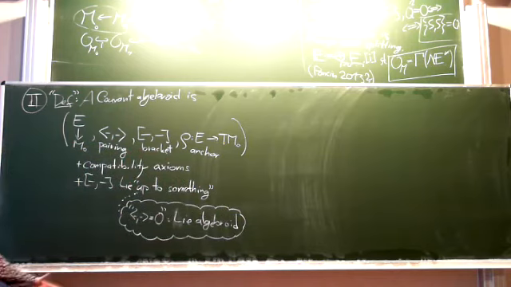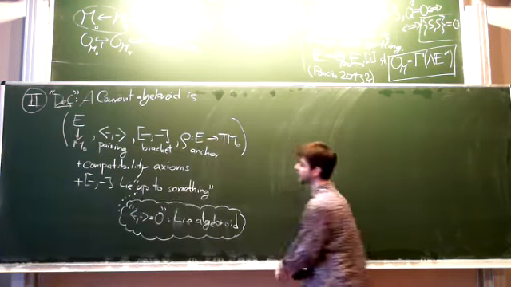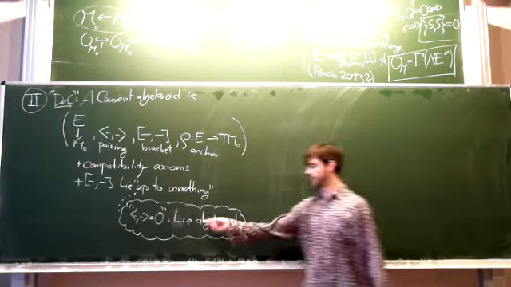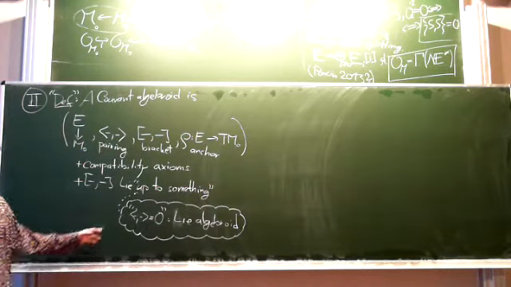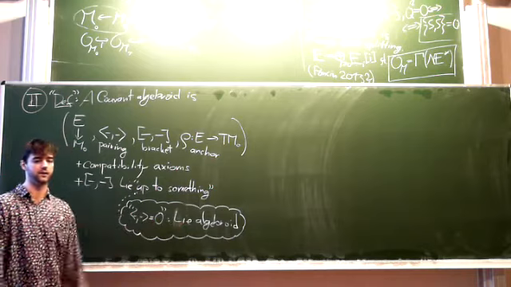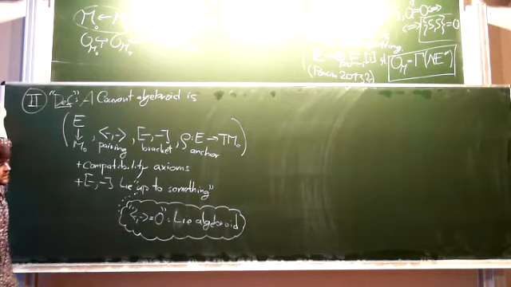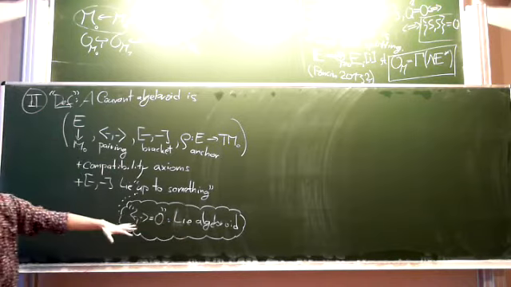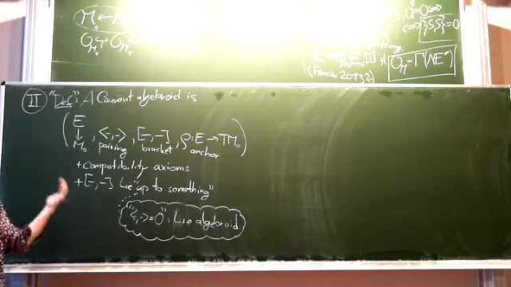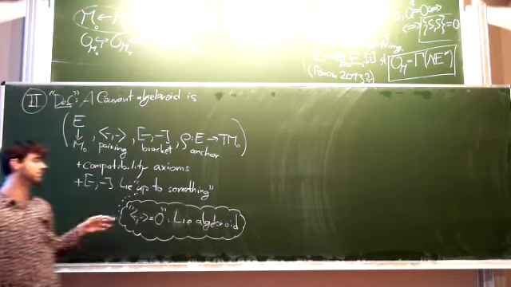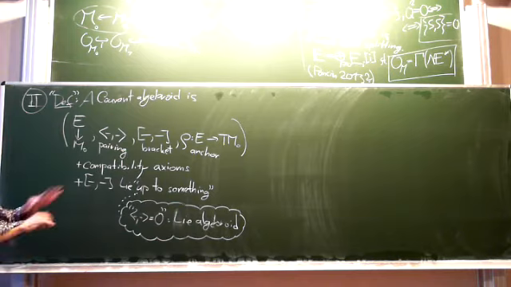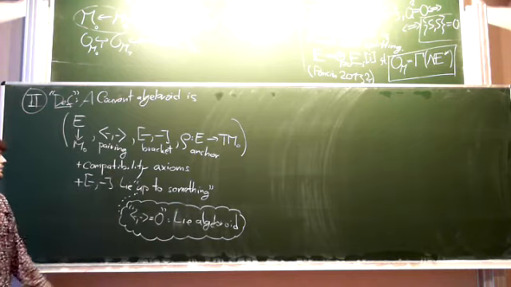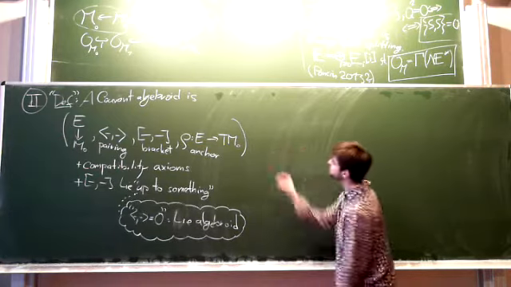So the Courant algebroid is kind of a deformed Lie algebroid, and a Lie algebroid we can think of as a vector bundle on whose sections we have a Lie bracket, and by the Frobenius theorem, or a generalization of it, a Lie algebroid we can always integrate into a generalized foliation. So those Lie algebroids are algebraic models of foliations of the underlying base manifold, and a Courant algebroid will be a deformation of this.